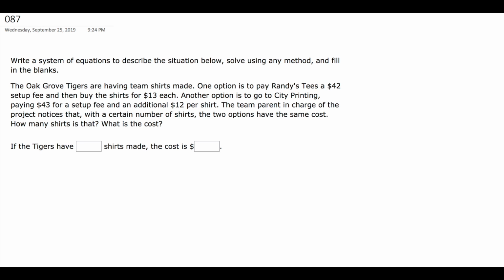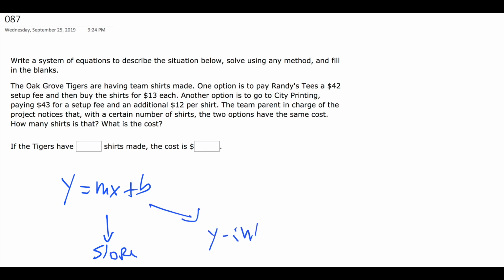Before I get into all that, here's your generic linear equation, y equals mx plus b. What does the m stand for? And the b? So m is your slope. This is your y-intercept.